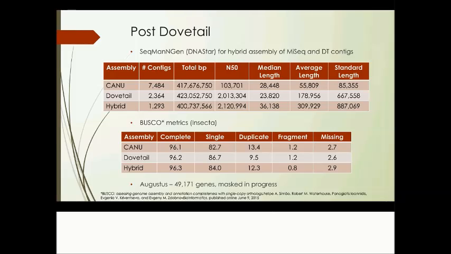And then our hybrid was able to cut that about in half, to about 1,300 contigs, increasing the length of each scaffold. And the BUSCO metrics, again against insecta only, indicated that we had a fairly good assembly with most of the reference genes represented. And we had started with Augustus.